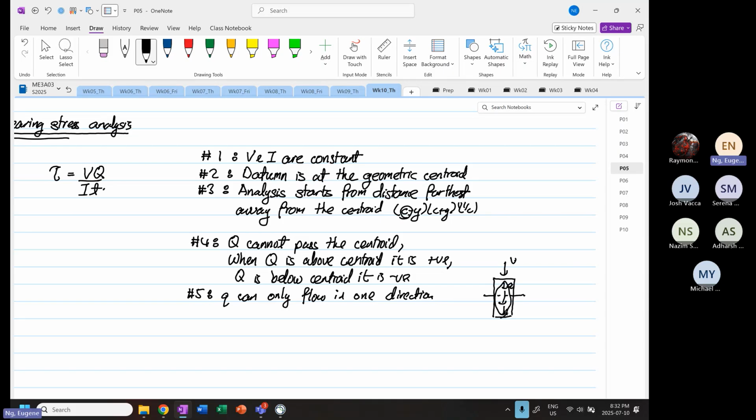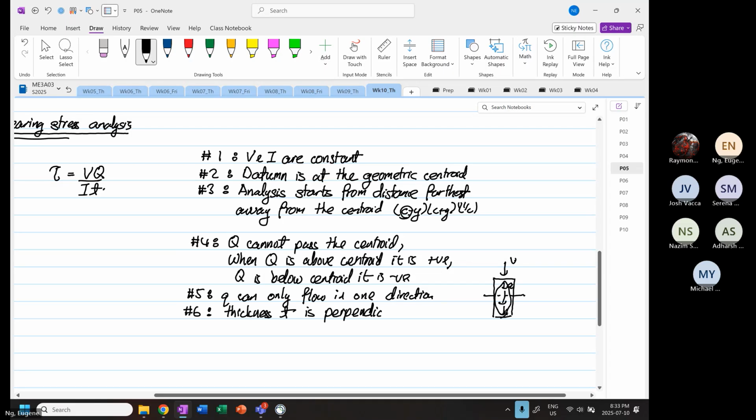And then number 6 that we remember is the thickness T. The thickness T is perpendicular to the shear flow direction.